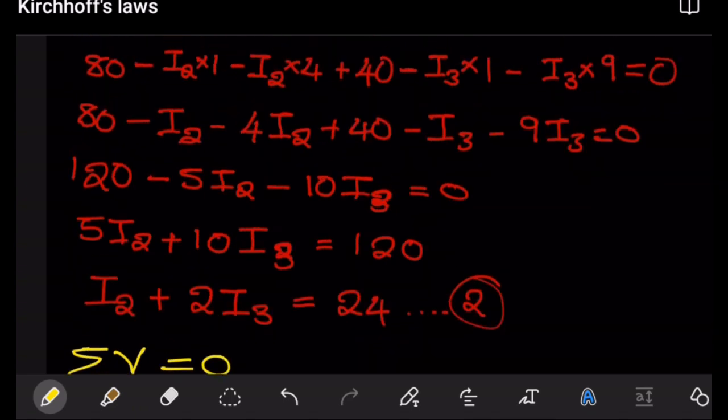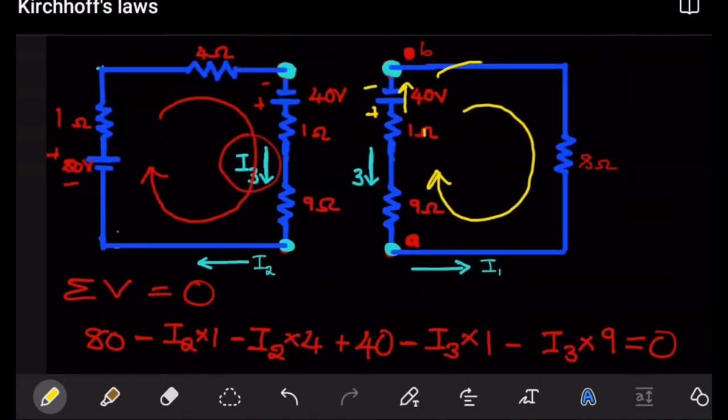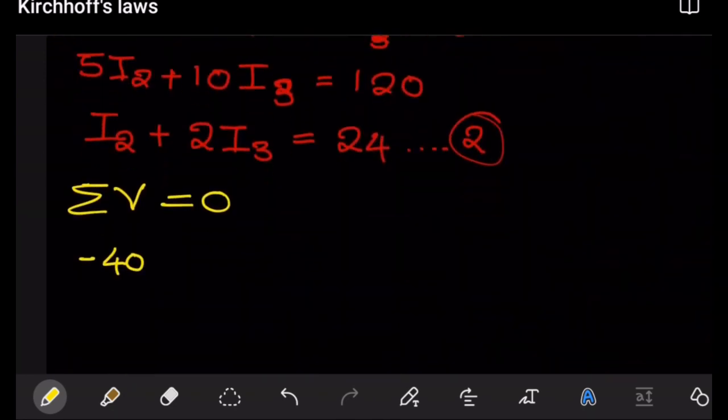The next thing that we find, if we keep on coming like this, is the 8 ohm resistor. In the 8 ohm resistor, the current, this is I1, is passing through this. This current is going up, so we're seeing that current is going in the opposite direction to our loop. Because of that, we take the change through this resistor as a positive change.